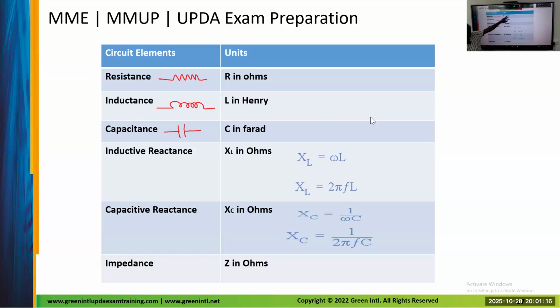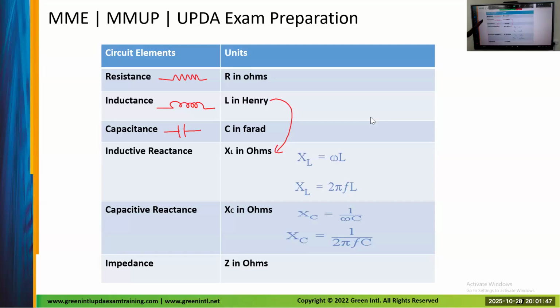But the three passive components have different units. For simple understanding, to solve the problem, all the units must be the same. So that's why we convert the inductance, that is, we convert henry into ohms, so that we can use all the passive components with the same units. That is our objective: convert henry into ohms.